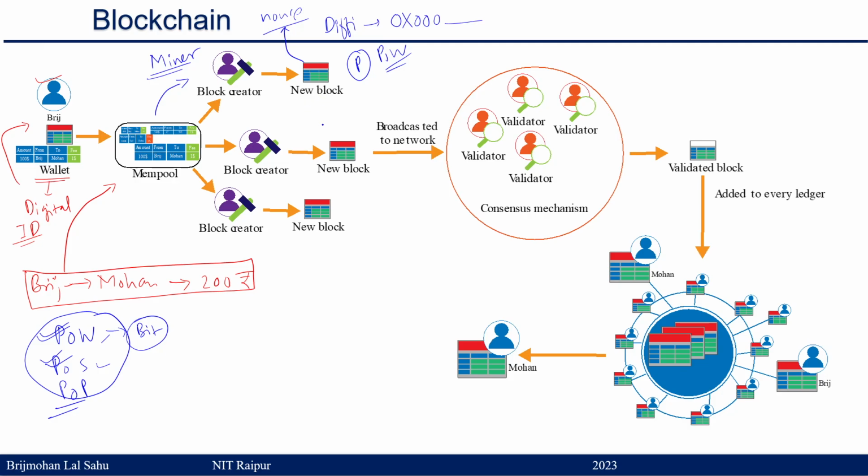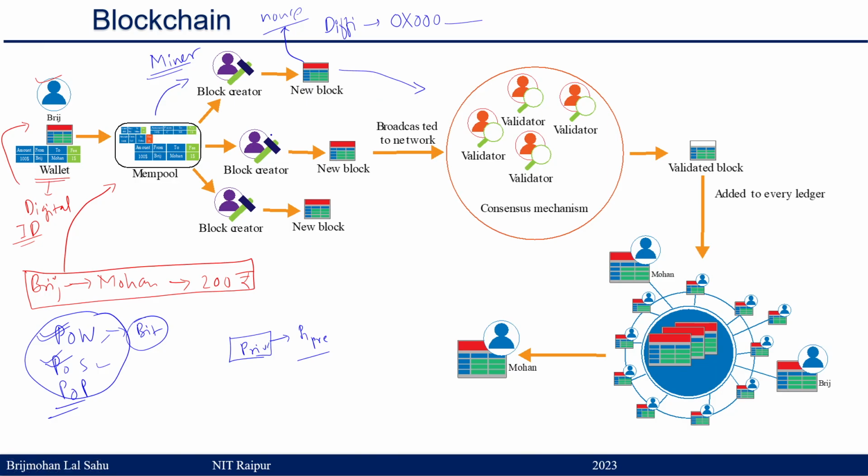He is creating a new block, so he must know the previous block hash and include it in the new block, and also match the block difficulty of that particular network. After creating that block, he will broadcast the newly created block for validation in the network.